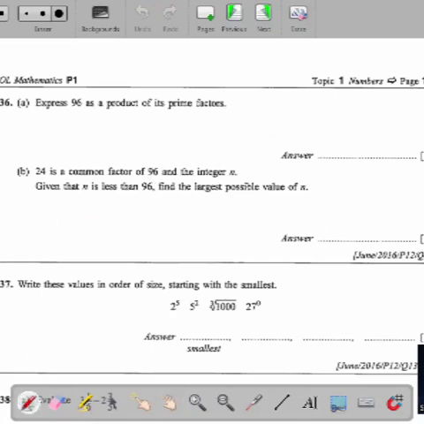Okay, 96 to 48 times, to 24 times, to 12 times, 2 6 times, 2 3 times. 1 2 3 4 5. So 2 power 5 multiplied by 3. All right.